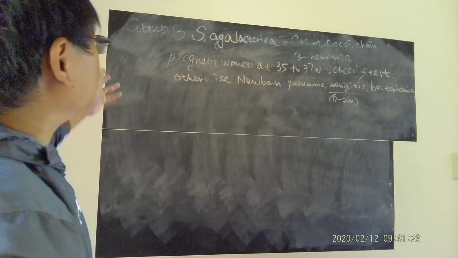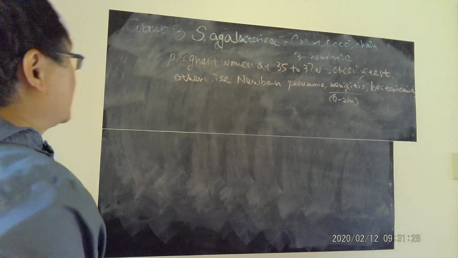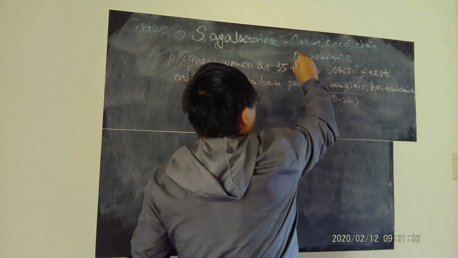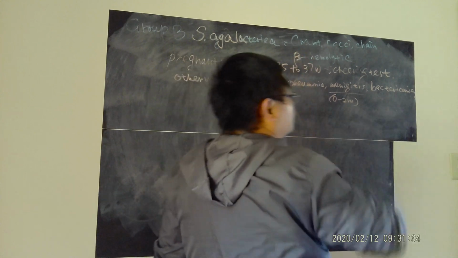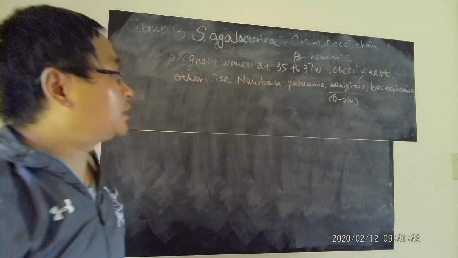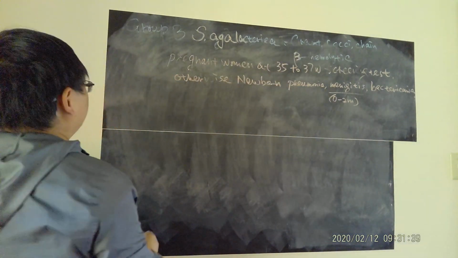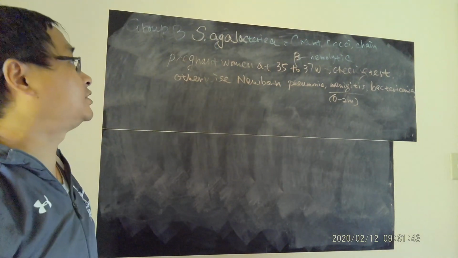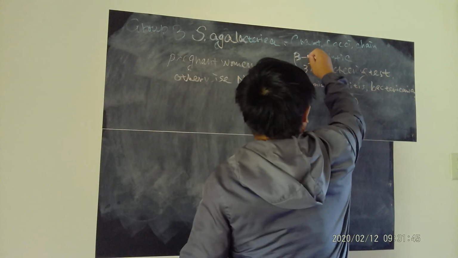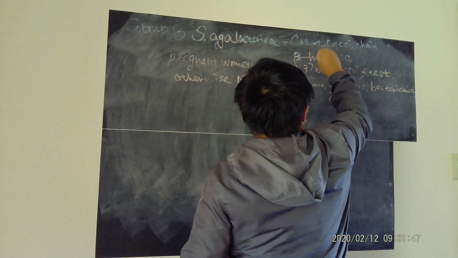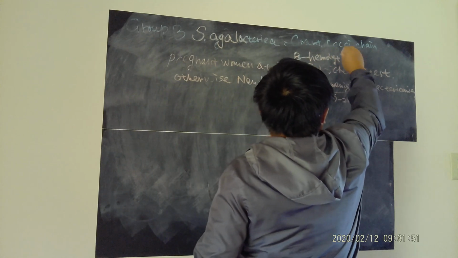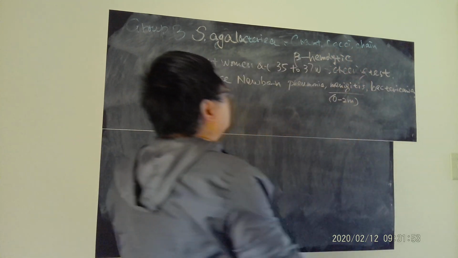Okay, so that's something for group B Streptococcus. Now, same thing as Streptococcus pyogenes, the virulent Streptococcus. Streptococcus pyogenes and Streptococcus agalactiae are both beta hemolytic. Both of them are gram-positive cocci in chains.